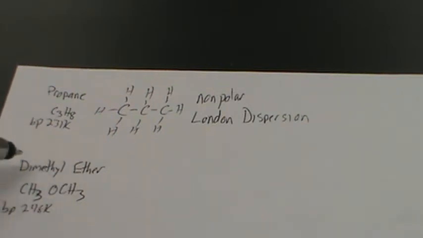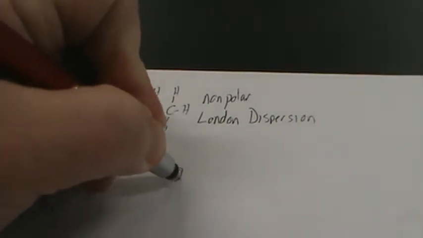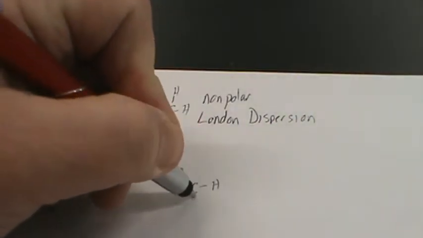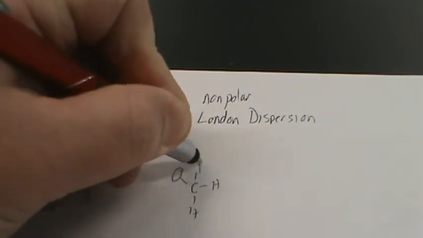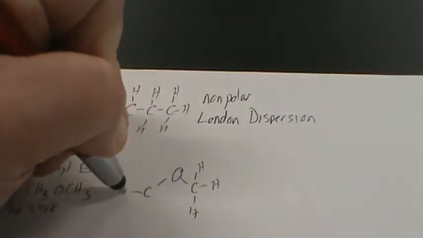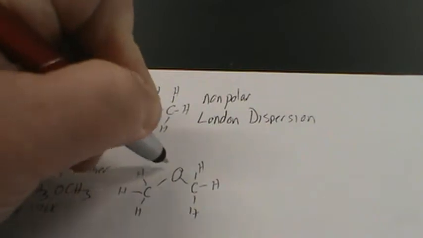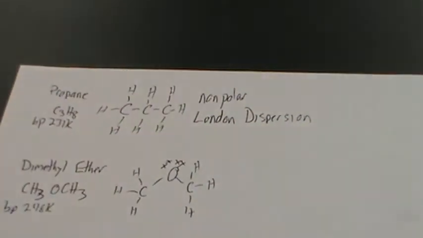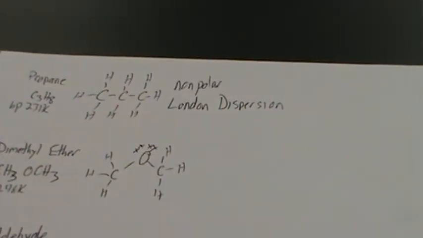Now, let's look at dimethyl ether, CH3OCH3. Okay, so here's the structure.